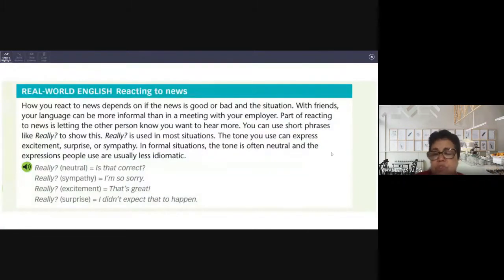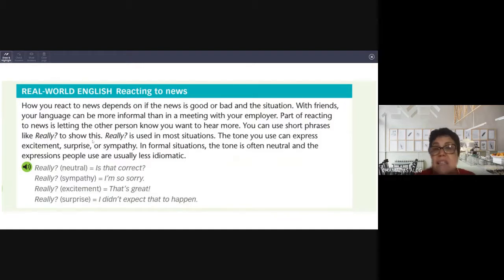Let's zoom in. With friends, your language can be more informal than in a meeting with your employer. Of course, part of reacting to news is letting the other person know you want to hear more. You can use short phrases like, really? Or simply, oh, really?